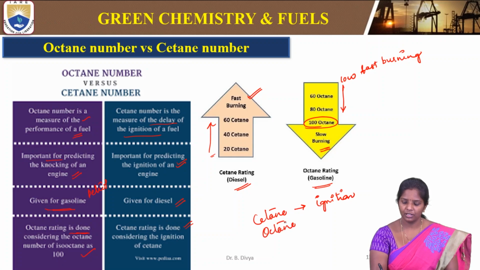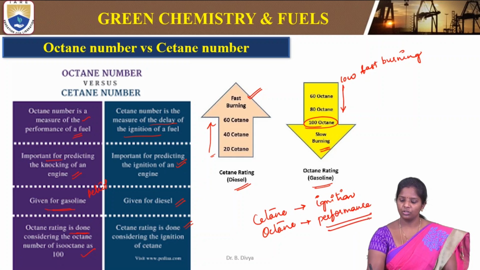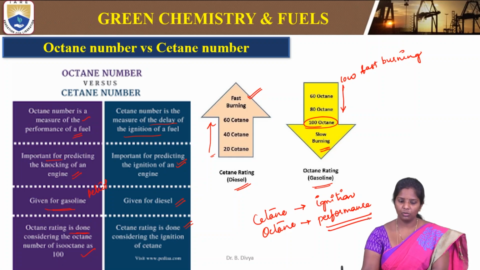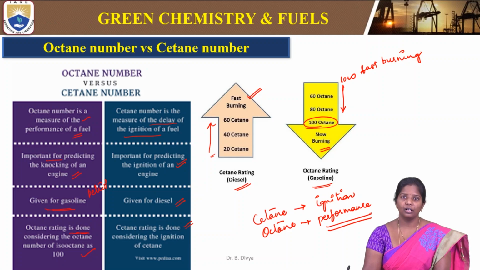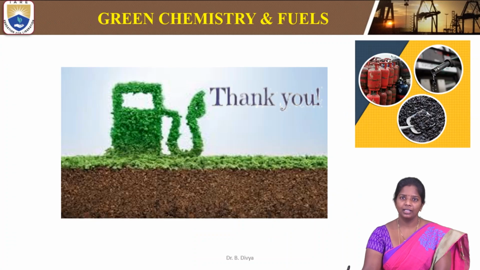Octane gives performance, so the knocking should be lower. This is how the octane and cetane numbers help us in understanding the properties of fuels, most widely used in liquid fuels like petrol and diesel.